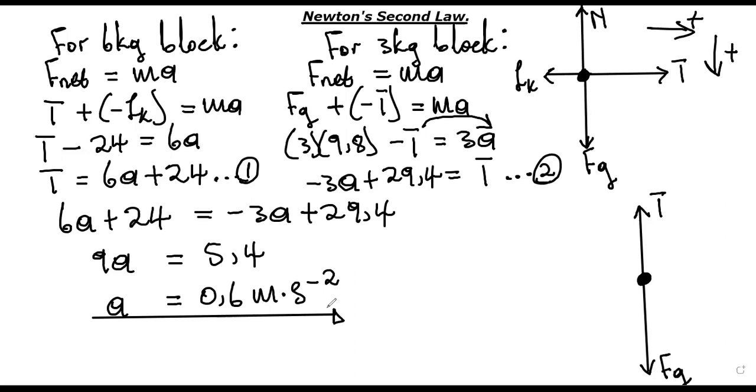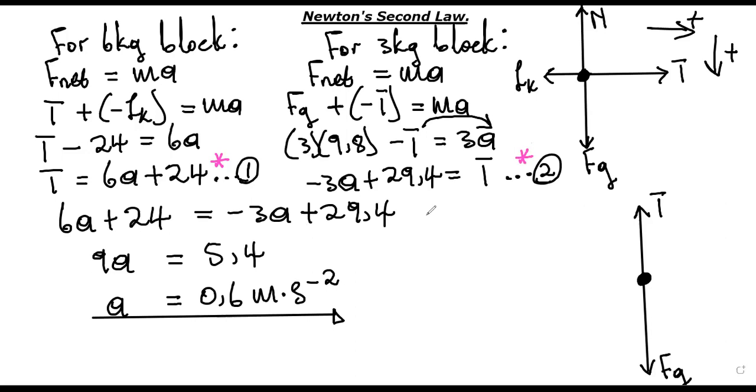So this is the end of this question. But let's say they asked you to calculate the magnitude of the tension. In order for you to find the tension, you start by calculating acceleration. And then you can substitute your acceleration either into equation 1 or equation 2 to calculate the tension.